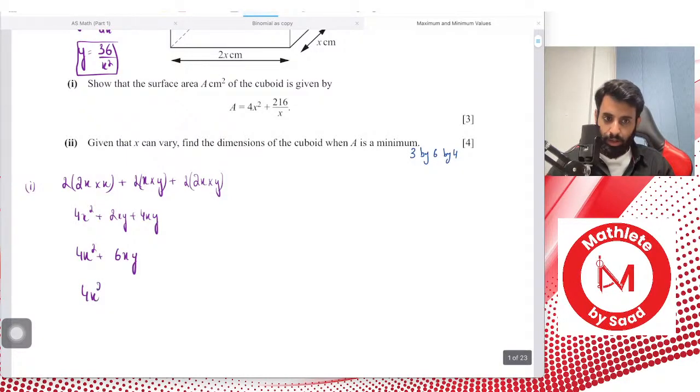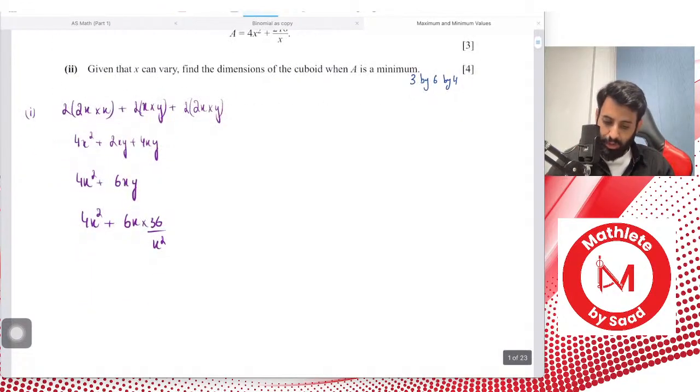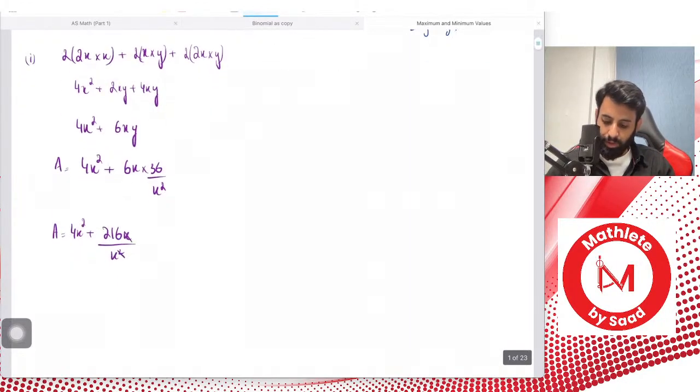So 4x square plus 6x into 36 upon x square. 6 into 36 is 216. So area is equal to 4x square plus 216x upon x square. We cross out the x and we cross out the x square from the denominator, and now we have 4x square plus 216 upon x.